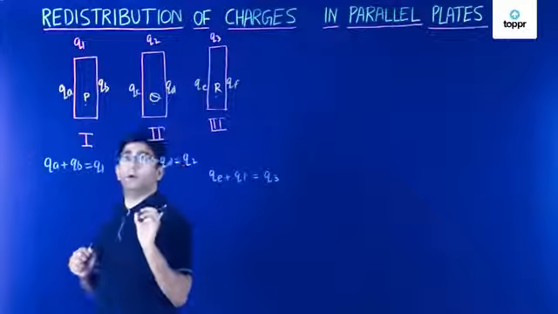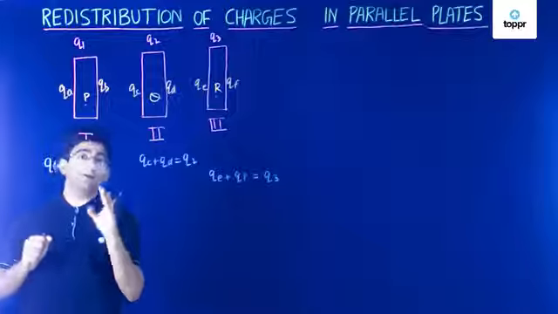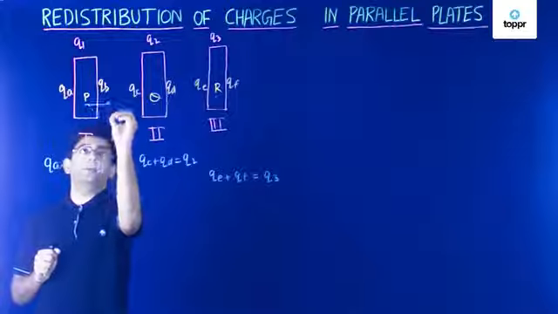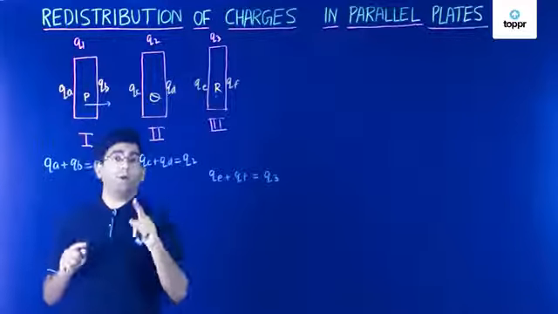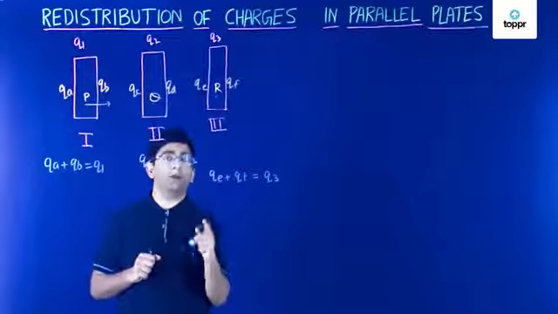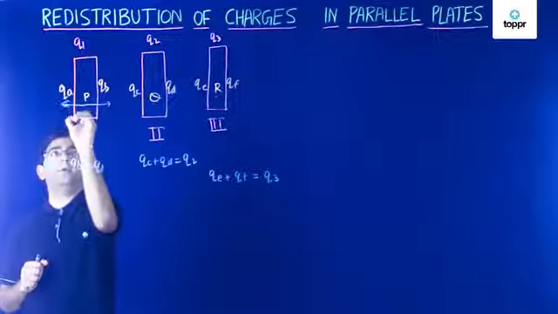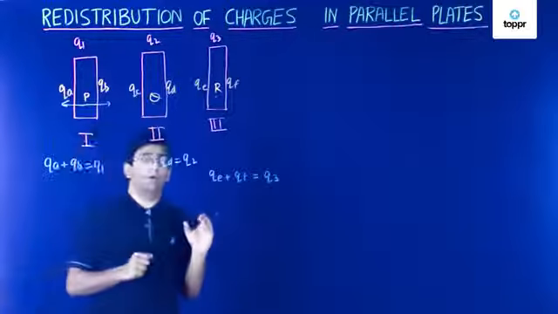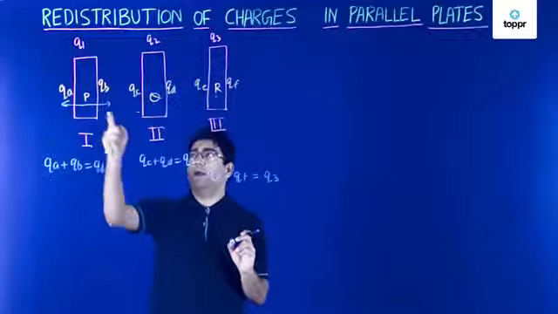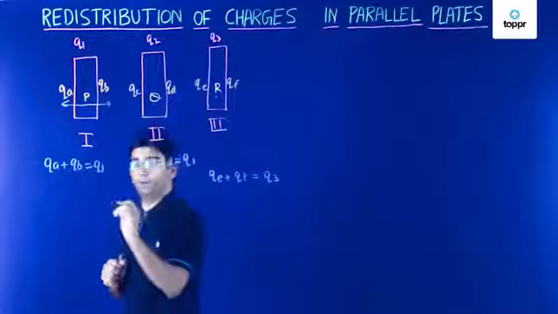Now if we try to observe the electric field at point P, QA would generate an electric field in this direction at the point P, whereas all the other charges QB, C, D, E and F, all of these charges would produce an electric field in the opposite direction, which means in this direction. So now if I try to find out the net electric field at that point P, the basic expression for electric field would remain the same.